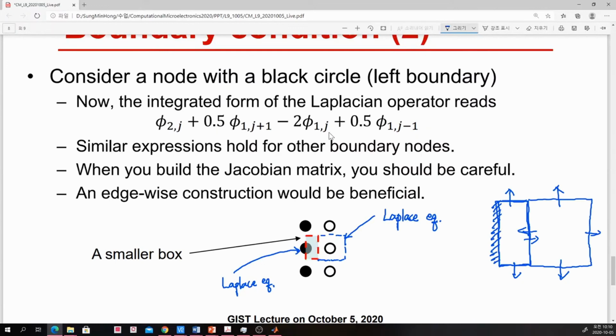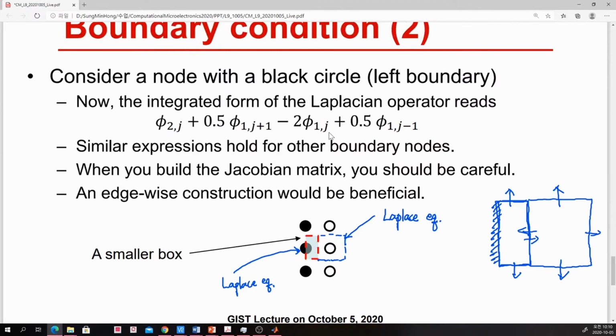But with the help of the homogeneous Neumann boundary condition, the flux vanishes. So in reality, you don't have to worry about this left boundary. You can just neglect it. That is the help of our homogeneous Neumann boundary. So instead of considering 4 boundaries, you can just think about 1, 2, 3 surfaces.